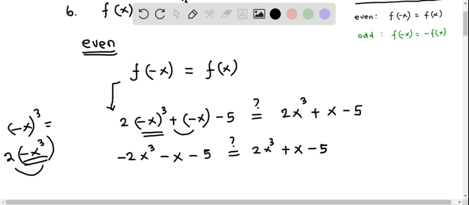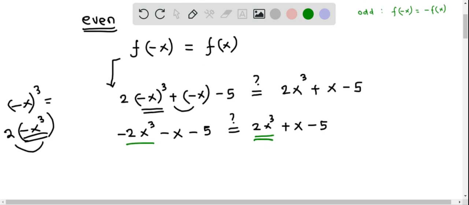Clearly, we can see that here we have negative 2x cubed, and here we have positive 2x cubed. So therefore, these two terms are not the same, and we can say that this is not an even function. So since f of negative x is not equal to f of x, we say it is not even.